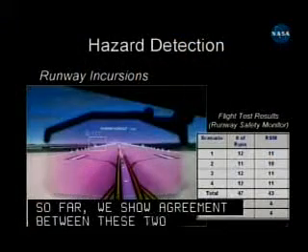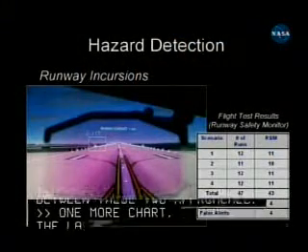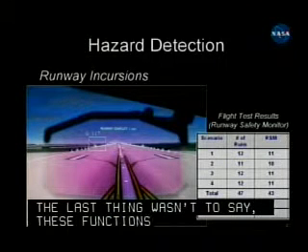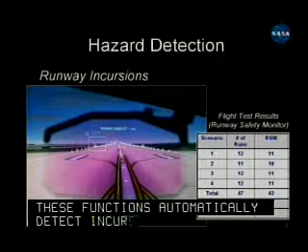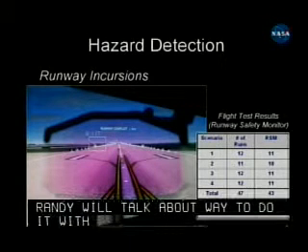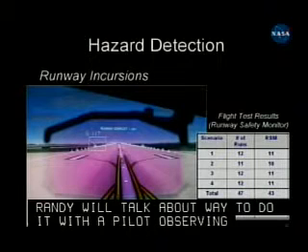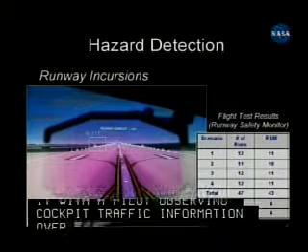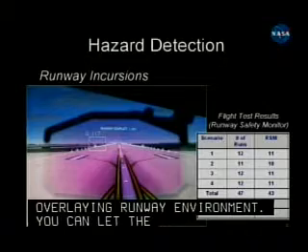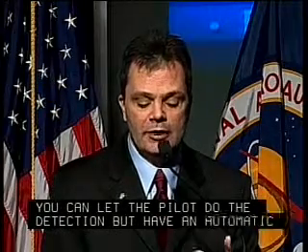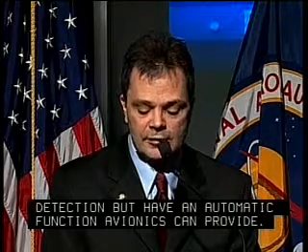The last thing I want to say about avionics systems is this function that could automatically detect runway incursions. Randy will talk about a way you could do it with a pilot observing traffic on, for example, a cockpit display of traffic information that is overlaying on a runway environment. You can let the pilot do the detection, but you could also have an automatic function that the avionics can provide, where if we know where the traffic is, and we know where the airport runway is, and we know where we are, we can automatically detect these incursions and alert the pilot.